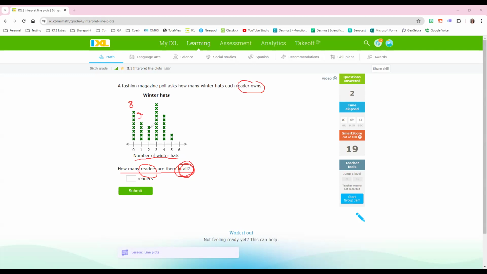The readers for 2 hats would be 4. The readers for 3 hats, 1, 2, 3, 4, 5, 6, 7, 8, 9, 10. The readers for 4 hats, 1, 2, 3, 4, 5, 6, 7. The readers for 5 hats were 2, and then the readers for 6 hats were 0.